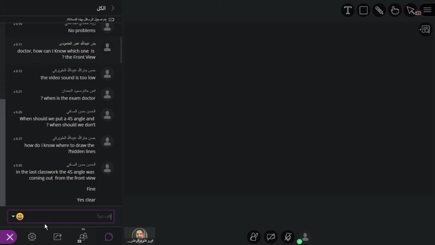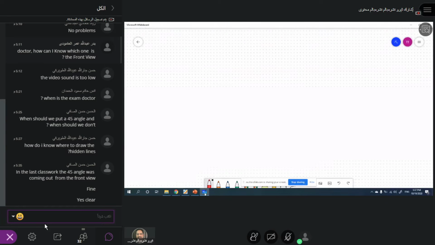How you draw the hidden lines. So how can I draw the hidden lines now? Like I showed something here, the same example. Okay. Now in this case, what do we do?